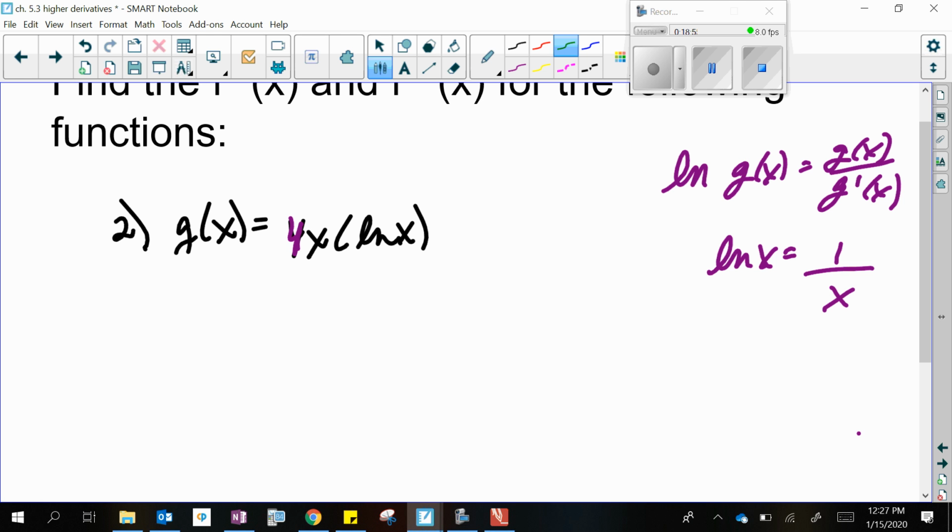Okay? Remember that? Okay, so on this one, though, what do we have to do? If we want to take the first derivative of 4x times ln of x, we have to use what rule again? Product rule, right? Because the first function would be 4x, the second would be natural log of x. So the first derivative, what's the derivative of 4x? 4 times just ln of x, right? Natural log of x, plus the derivative of the second, which would be 1 over x, times the first.